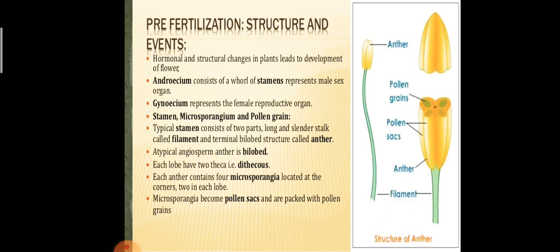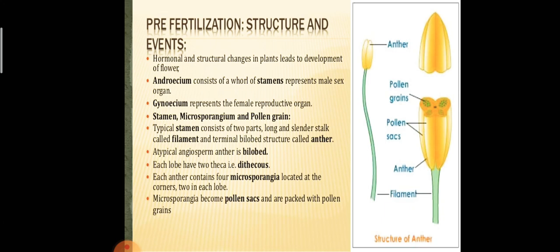First we will discuss the male reproductive whorl: stamen, microsporangium and pollen grains, also known as microspores. Let's discuss a typical stamen, which consists of three different parts. Here you can observe these three parts: anther, filament and connective.